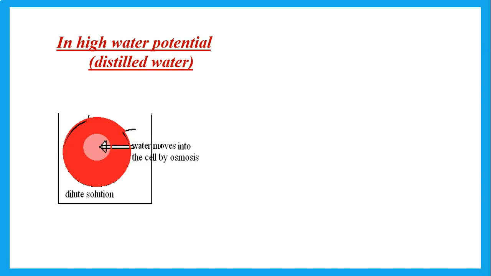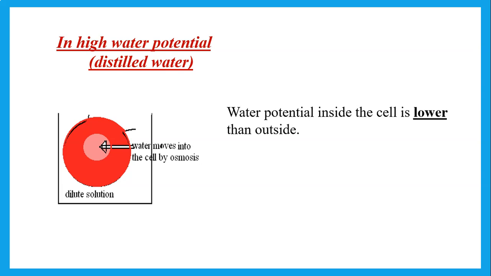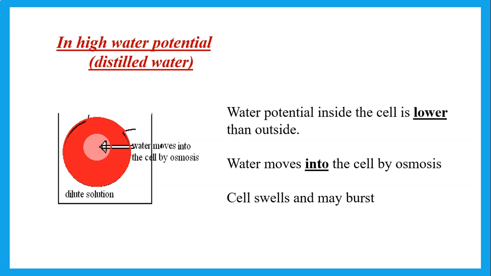What if I put my red blood cell in water or in a dilute solution? In that case, if outside is dilute solution, lots of water, then the water potential inside the cell is lower than outside, so the water will move into the cell by osmosis, and the cell will start to burst.